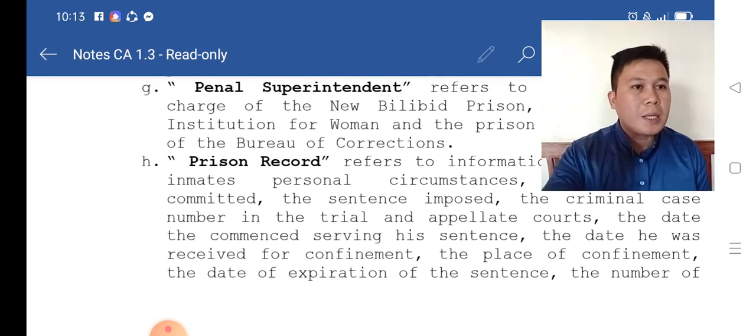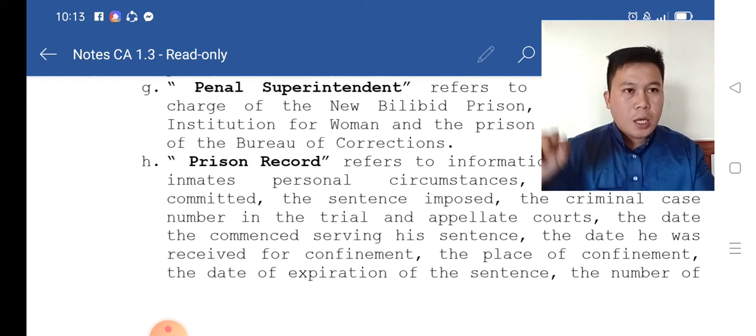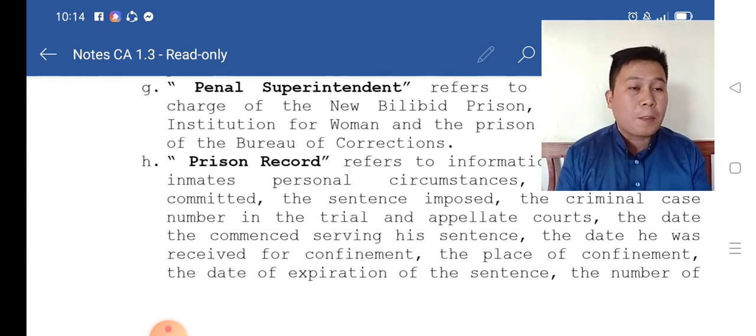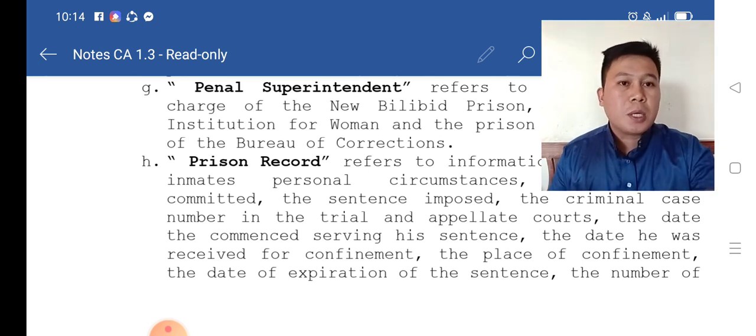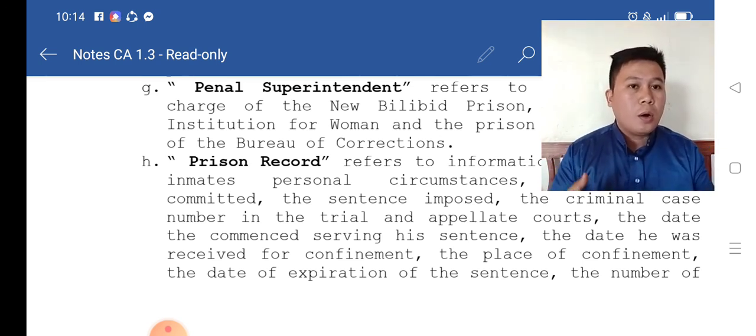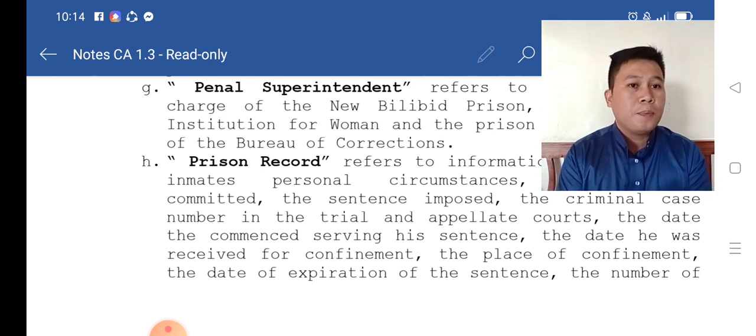Take note, the karpeta. Kanina nakita niyo kung ano nakapaloob sa karpeta. So, baka imbis na karpeta ang sagot, prison record ang sinagot mo. So remember that prison record includes all personal circumstances, lahat ng ito.